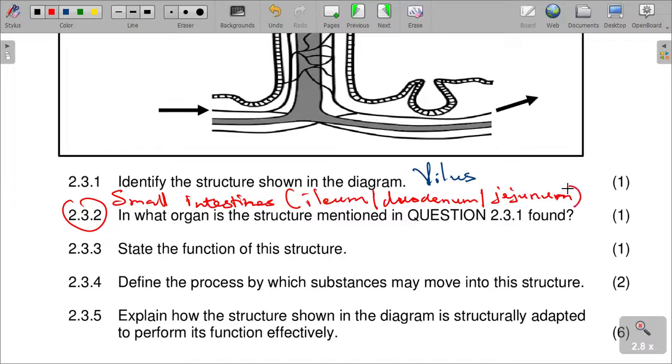But still, we are talking about the small intestines.